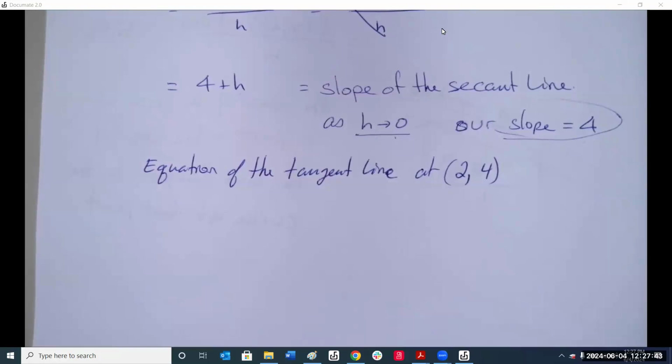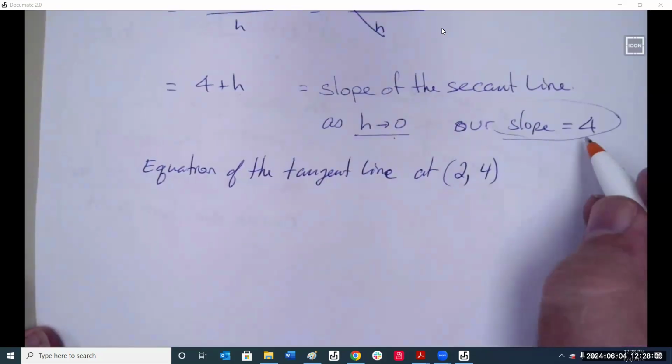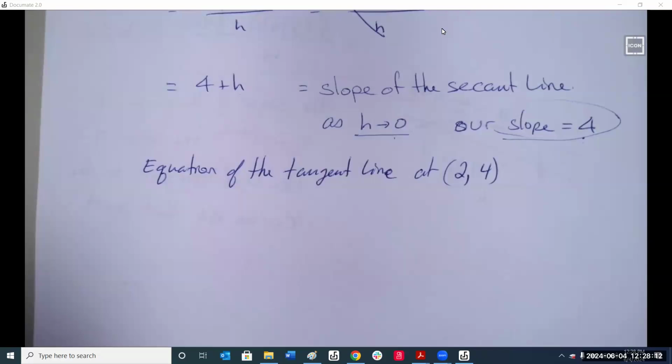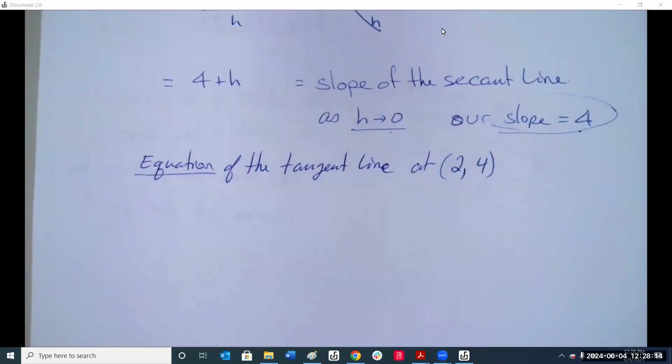So how do we figure that out? So again, our slope is 4. We're looking for the equation of the tangent line. So what's the equation going to look like? What's the form of an equation of a line?